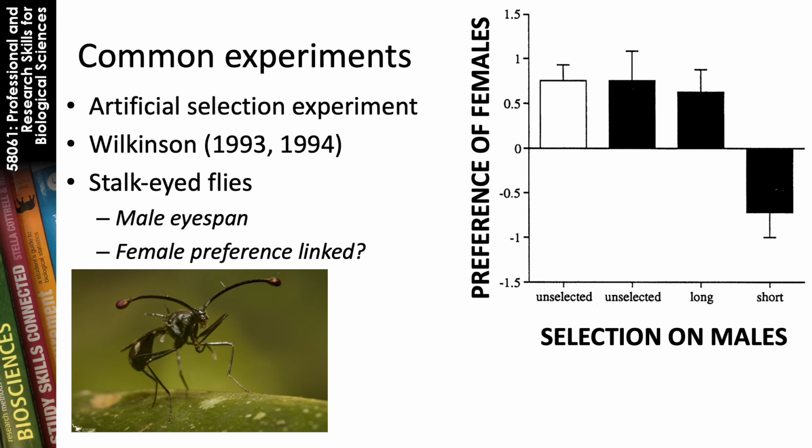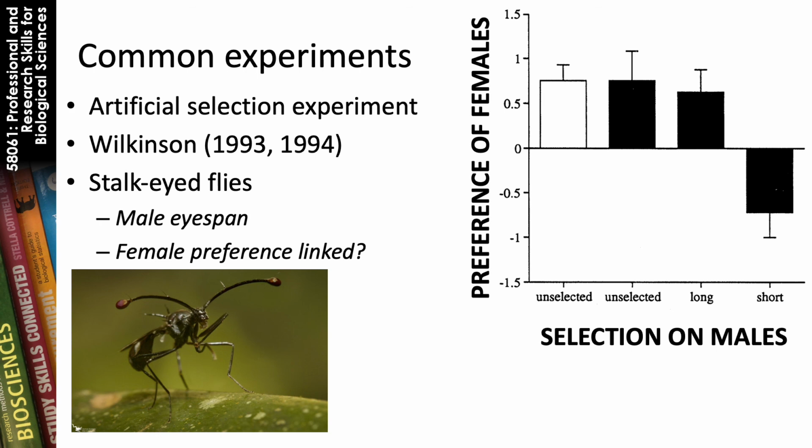And in their long line, the females still had a strong preference for long eye spans. But then in the selection line where they had chosen short eye span males, the female preference had reversed. So females in that lineage had a preference for shorter eye spans, which shows that even if you're just selecting on the males, you are also affecting the female preference, which is nice evidence that those two are genetically linked. And that's a really, really nice example of an artificial selection experiment.